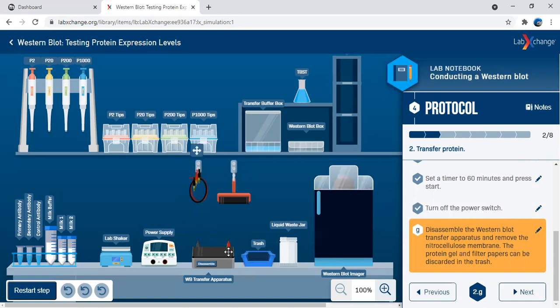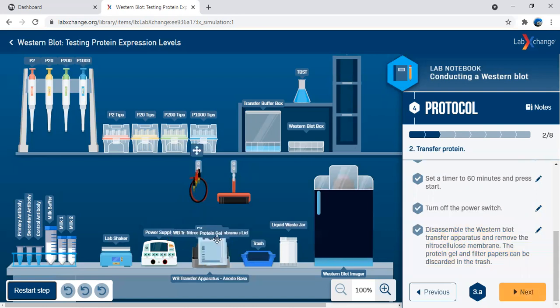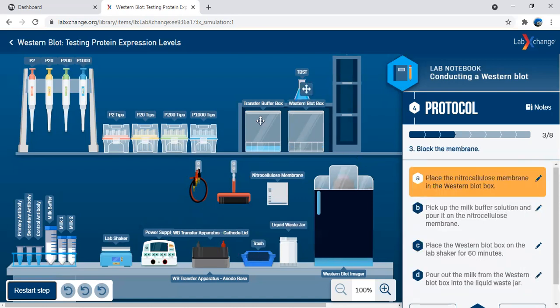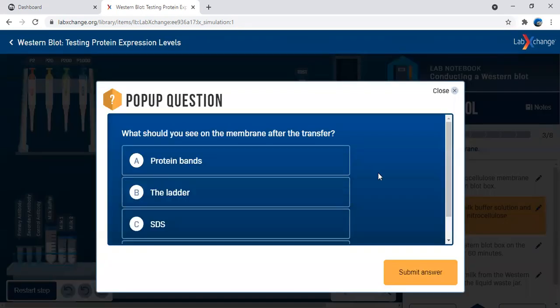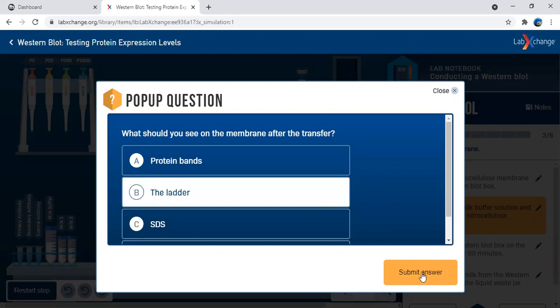It says remove the nitrocellulose membrane. The rest can be discarded in the trash. Now what I've got to do with this nitrocellulose membrane is place it in the Western blot blocking tray. I should be seeing the ladder here.